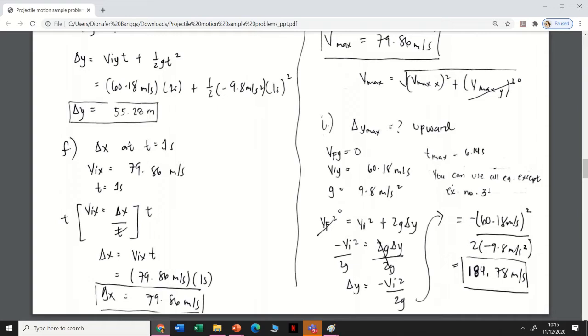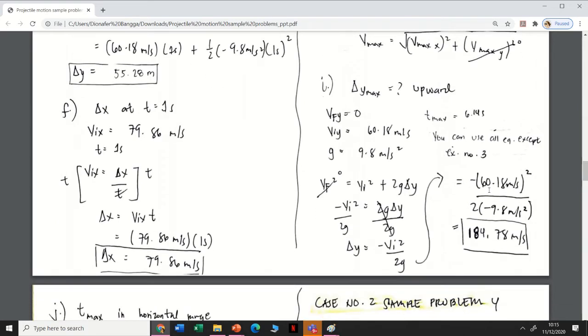And for the rest of the equations, you can use them because delta y is present in there and the rest of the quantities are also given. But in this case, we use equation number 5. You can also use the other equations. You can recheck if you will be getting the same answer, and you should be getting the same answer.